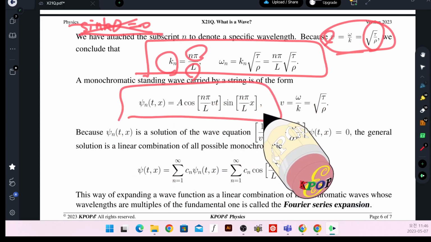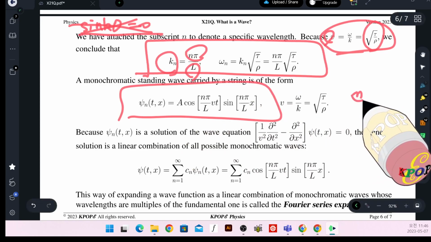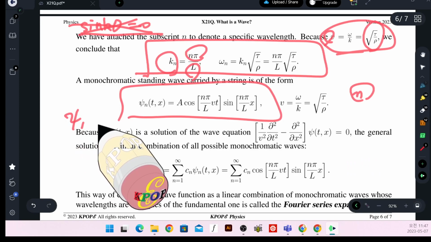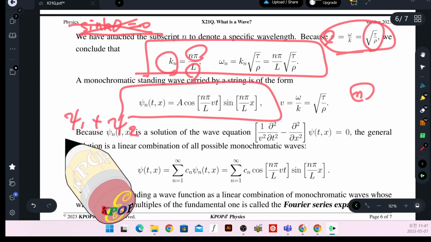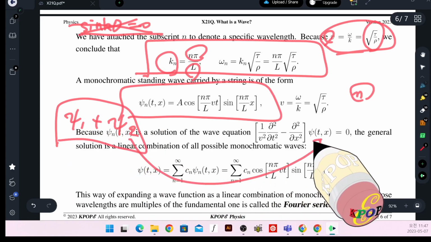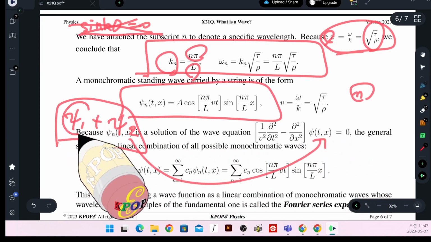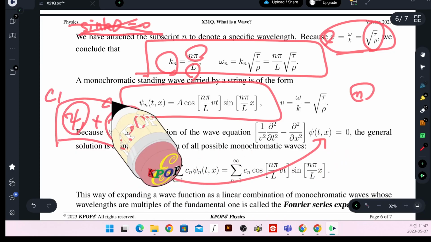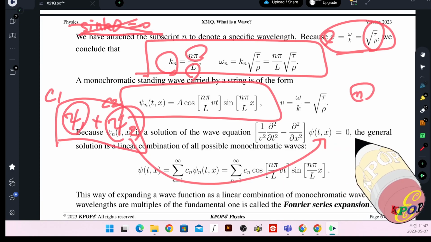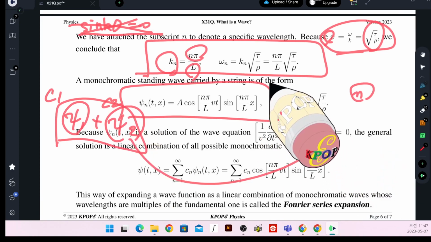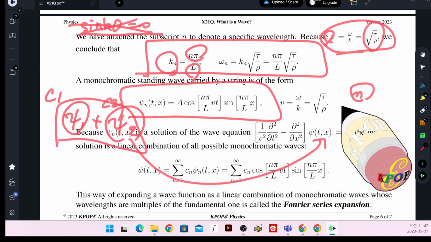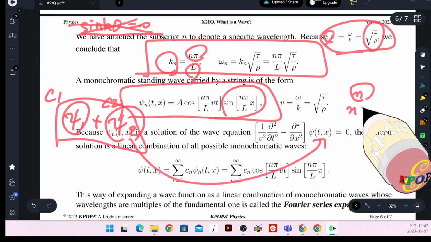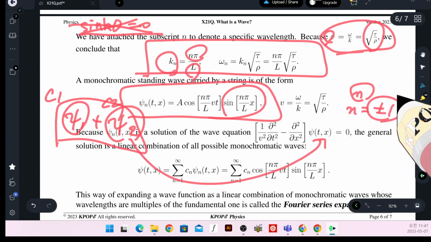If this is the wave equation for a certain n, it satisfies 0, and if I add psi 1 plus psi 2, for example, and substitute, because this one becomes 0 and this one becomes 0, their linear combination is also 0. Aha! So there are so many n's in here. Here we find n equals plus or minus 1. They are redundant.